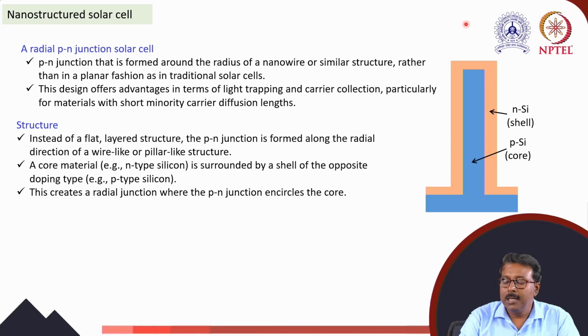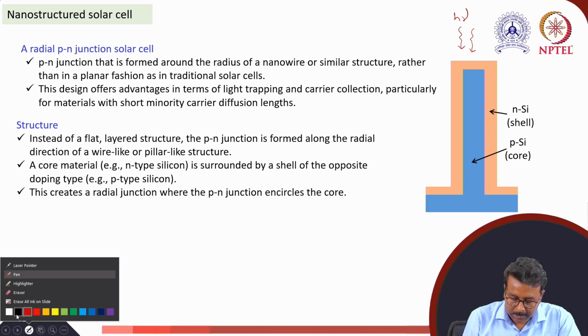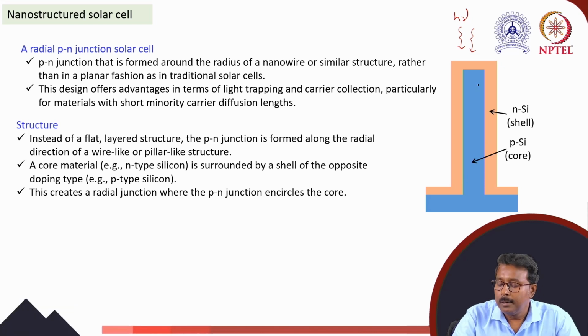But light is incident from the top. Suppose this is the incident light, so the direction of flow of light is from top to bottom, vertically. But carrier flow will occur in this direction. This is the carrier flow direction.